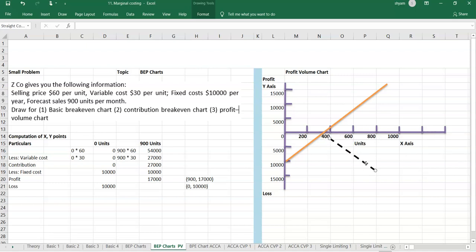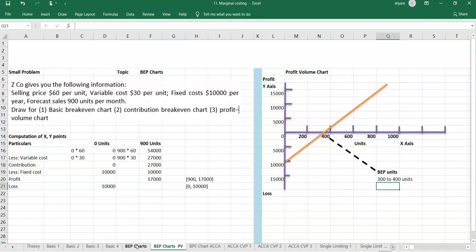This point is the break even point, in terms of units. If you see, it roughly cuts around 300 would be the midpoint. It's something like more than 300 and less than 400. So the BEP point is more than 300, between 300 and 400 units. We can't get it exactly; we would have to use graph sheet.